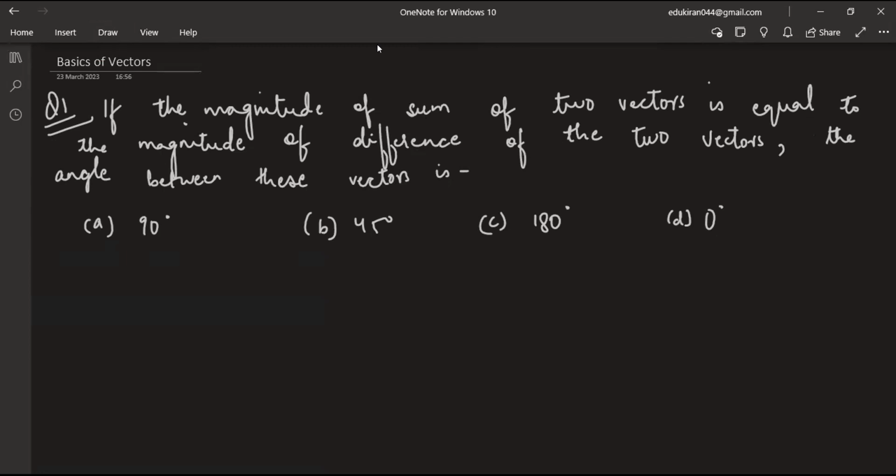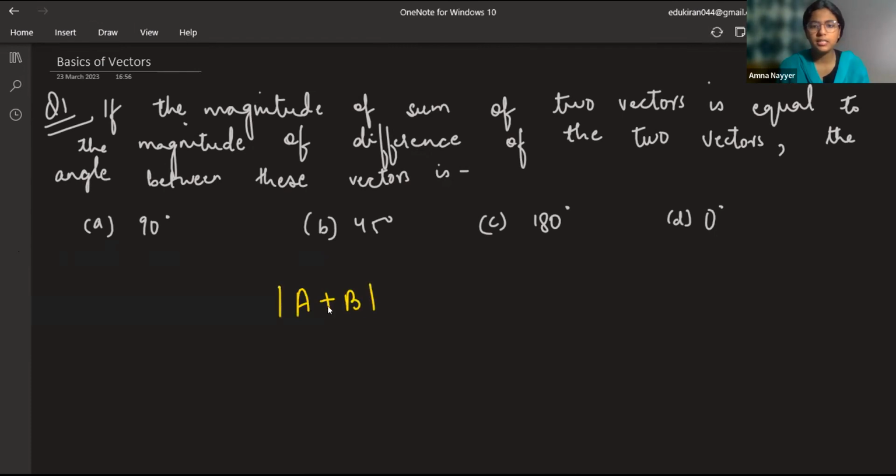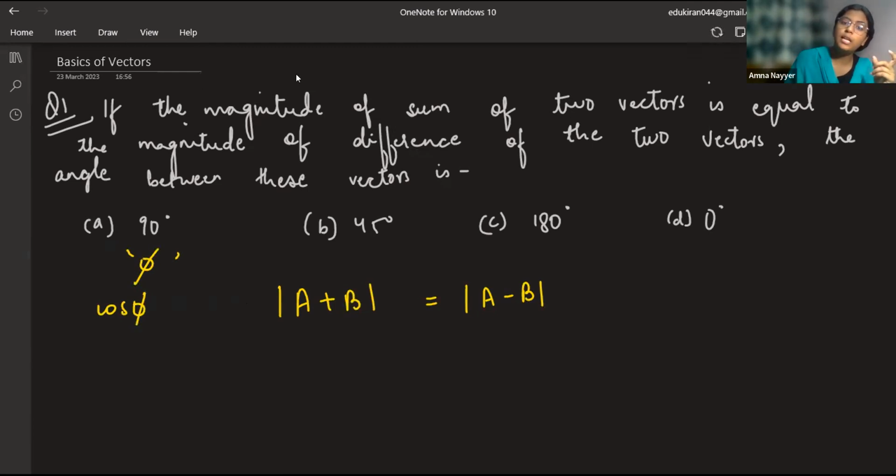Here also, if I am saying magnitude of sum of two vectors is equal to magnitude of the difference of the two vectors, it means, let's say a plus b, this magnitude is equal to a minus b. Let's say the angle between them is phi. Fine. So cos phi we'll use. Now I'll write the entire. How do we write the magnitude?